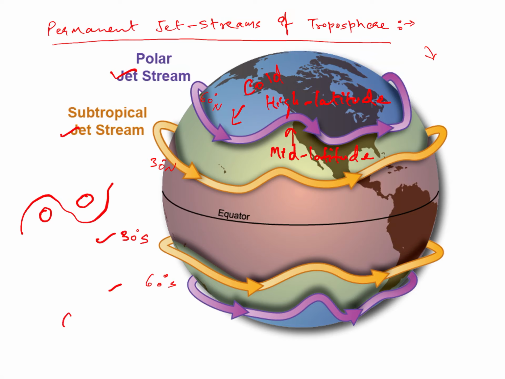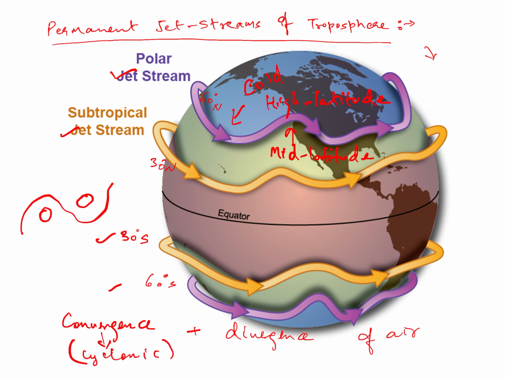There are locations of convergence of air on the ground as well as locations of divergence. Wherever convergence of air is created, that location has a cyclonic condition, or a cyclonic weather system is developed. It is a kind of storm.